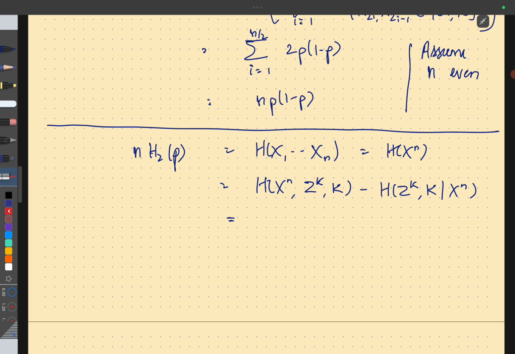It's 0, because z^K is a deterministic function of x^n. Since z^K is a deterministic function, the length K is also a deterministic function. Any question? Is this okay? So this is 0.